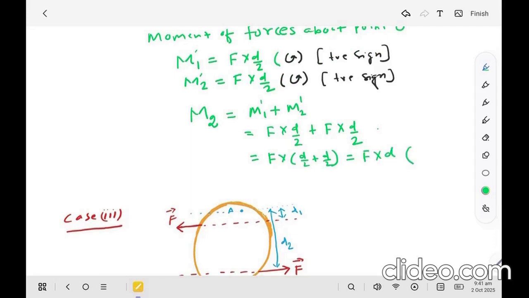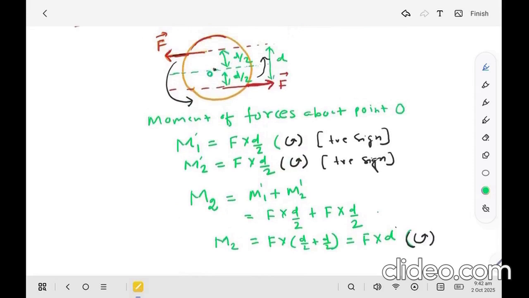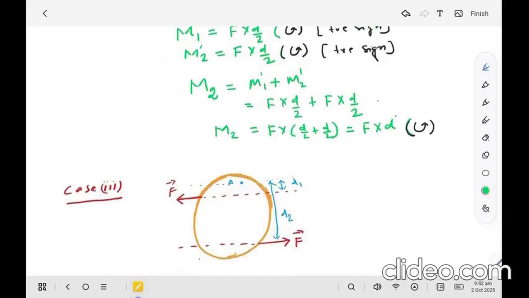Because both are positive, the direction of this moment is anti-clockwise. So m2 is the moment of these forces about point O.